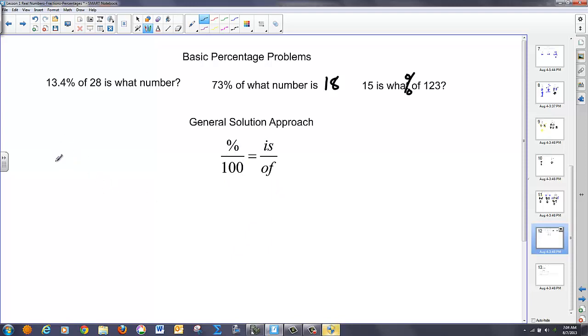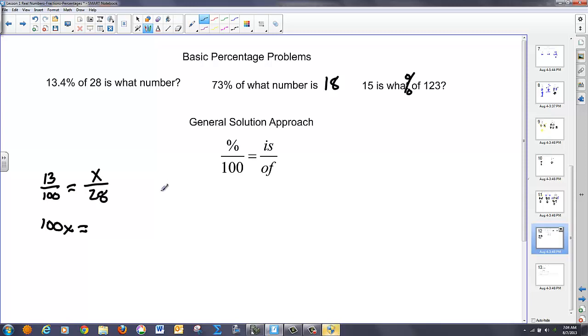So if I have 13%, there's my percent, 13 over 100. 28 follows the of, so that goes in the bottom. And is what number? That's the unknown, so we call that the unknown. We do a cross product, and I get 100x equals whatever 13 times 28 is.